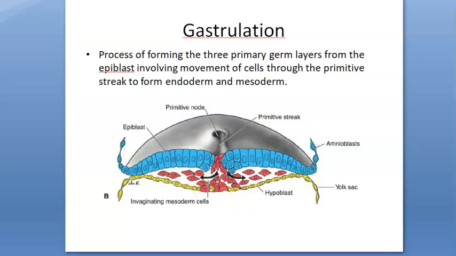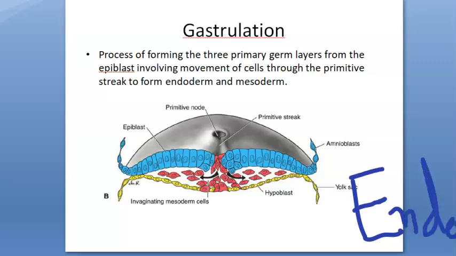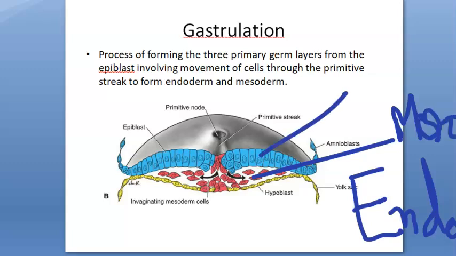Endoderm. They're going inside, right? They become endoderm. The hypoblast is replaced by epiblast cells, now called endoderm. And the one sitting between the epiblast and the endoderm, that is the mesoderm. And whoever doesn't move at all becomes the ectoderm, your brain, ectoderm. Okay? Got it now? Very good.